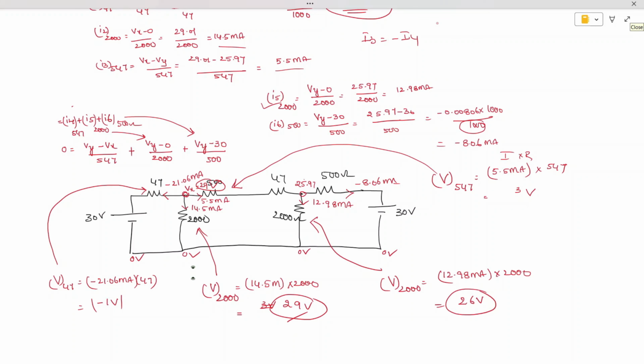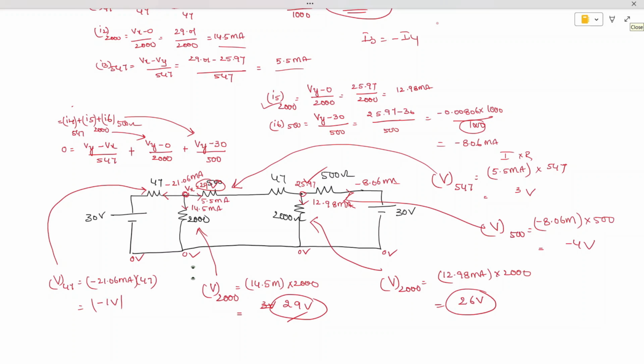You can see you already got the same by node analysis. Now you want to find the drop across 500. The drop across the 500 ohm resistor is minus 8.06 milli multiplied with 500. Then we get minus 4 volts.